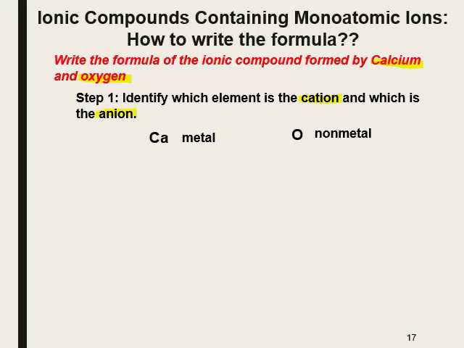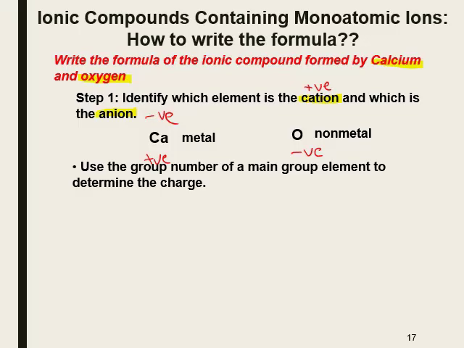We know that cations are positively charged ions and anions are negatively charged ions, and we also learned that metals lose electrons and hence they form positively charged ions. In other words, calcium will give us our positive ion or cation and oxygen will give us our negative anion.